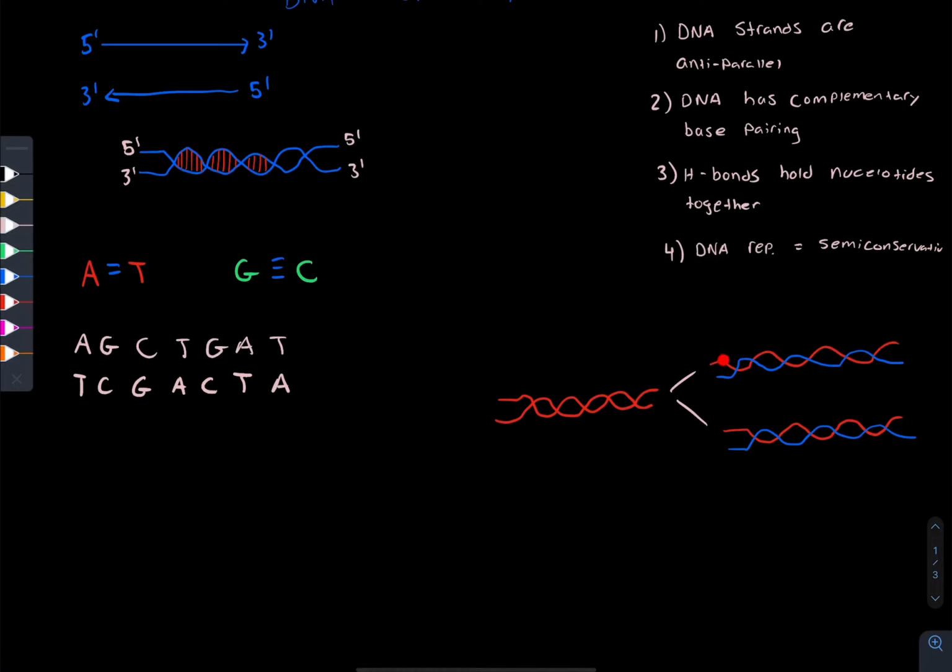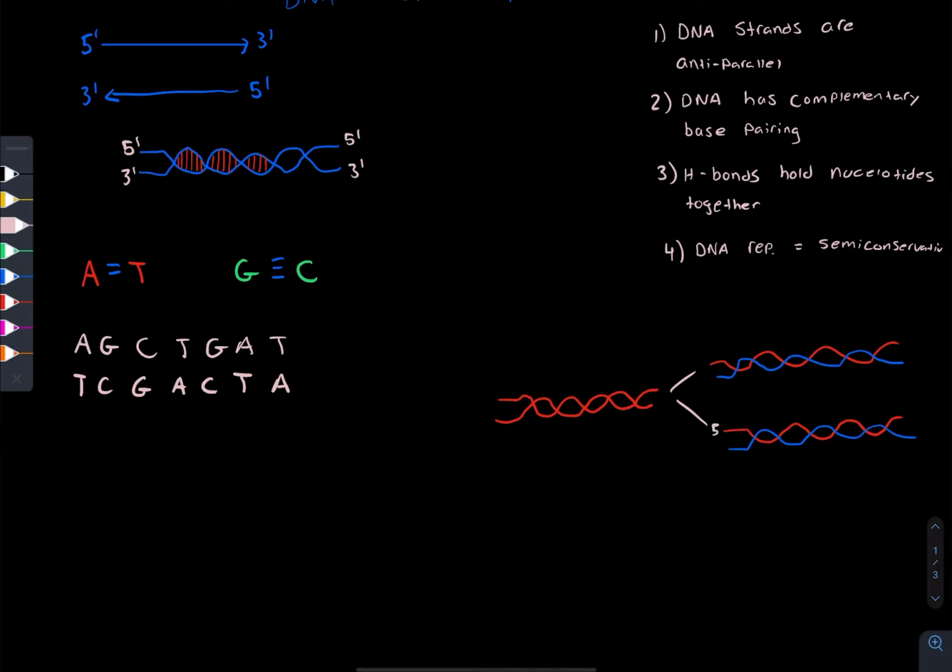So in this case, one of these parent strands goes over here, and the other one's going to go over here. And what that does is allow for 2 new DNA molecules, and you're going to have 2 daughter strands, and these daughter strands are going to run anti-parallel to the parent strand.